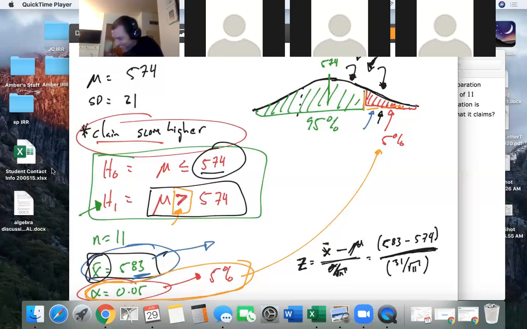Look, here it is. 583 minus 574, divided, oops, I want this to be divided by 31 over the square root of 11. And I am getting this z to be 0.96289.